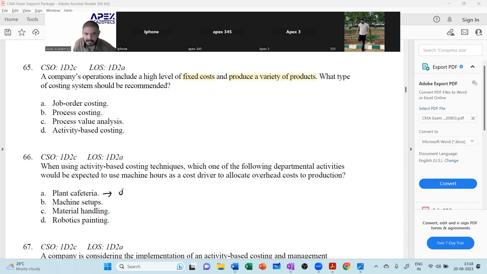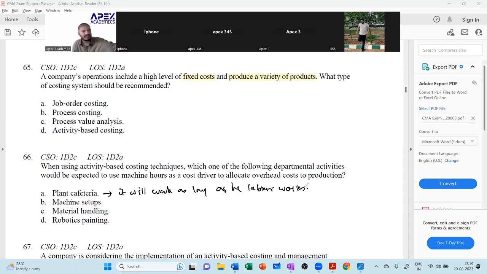How long will it work? It will work as long as the labor works. If the labor is working for more time today, the cafeteria person will stay with cup of tea, vada pav, patties, sandwich for a longer time. Why?